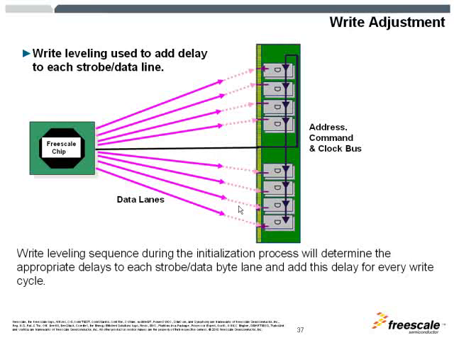And all we need to do in the memory controller is select write leveling, and this process occurs automatically during initialization by the memory controller. So as you can see, both read and write are compensated for automatically, and a simple selection of this automatic adjustment would take care of the skews that are introduced by flyby topology.